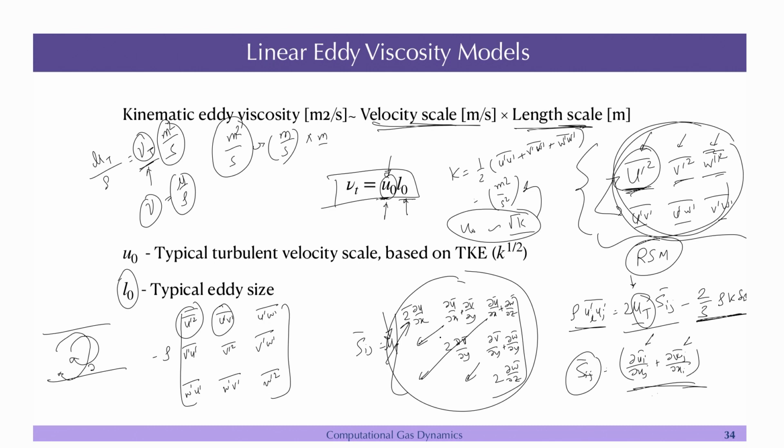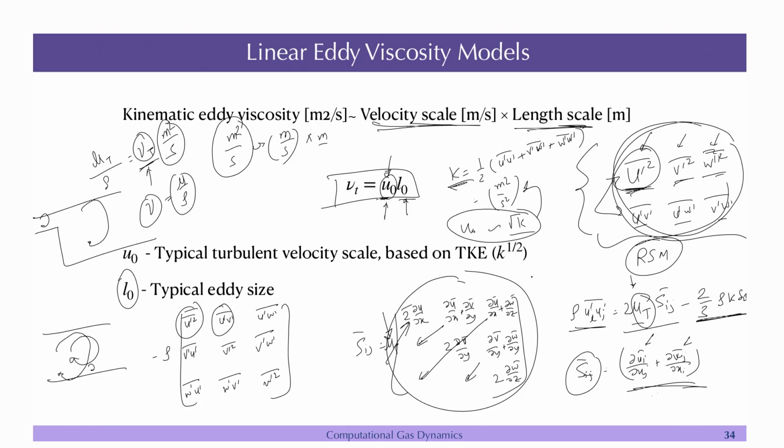Now, these arguments are fine, but we have to somehow put them in the framework of how we solve the equations, right, because this turbulence kinetic energy will change with time. Let us say you have a flow which is going like this, okay, the eddy size is different here and different here, and it may also change with time, right. So, we have to put it in the framework of dynamical equations.